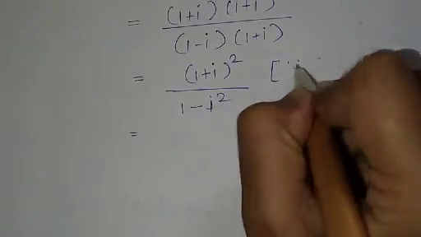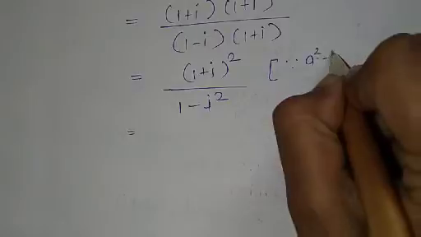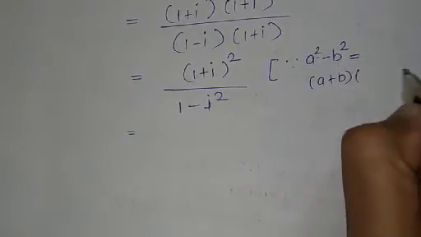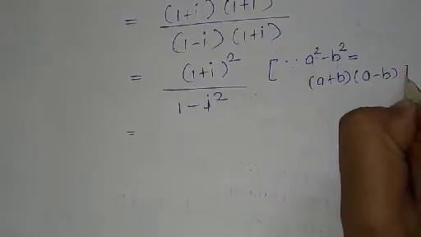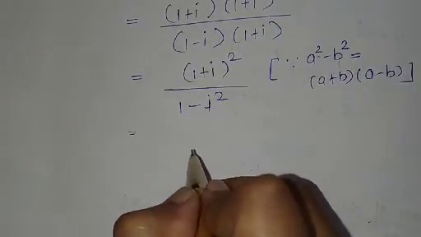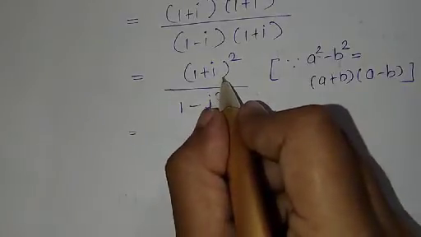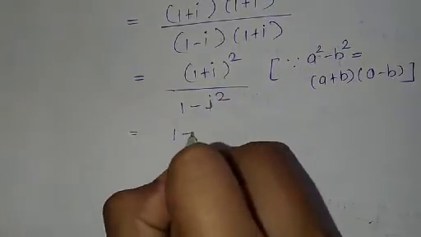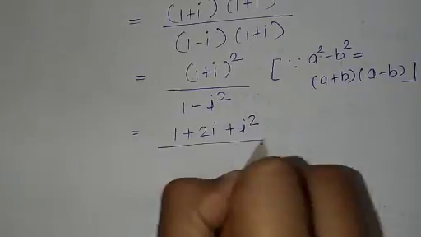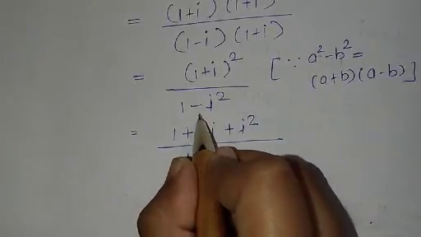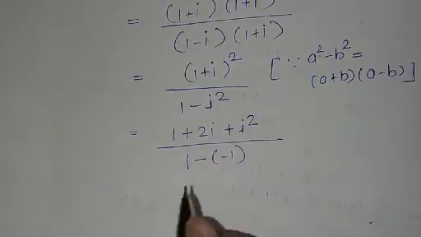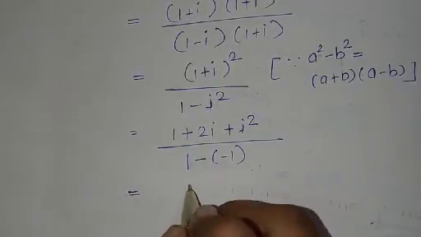Since again we use here a square minus b square is equal to a plus b into a minus b, using this we can write 1 minus iota square. So expand this bracket, we get 1 plus 2i plus iota square upon 1 minus iota square, which is nothing but minus of minus 1, which is equal to 1.